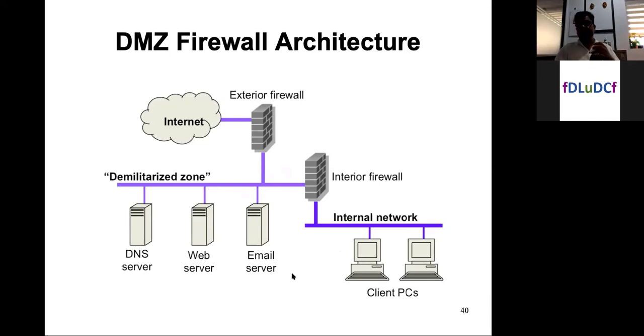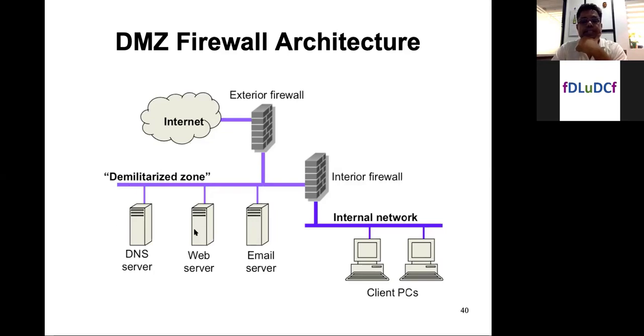However, servers like DNS servers, web servers, and email servers should be exposed to the outside. It cannot isolate them. So we have to relax the security, or the rules, a little bit in the firewall. If we do so, then other devices might also be exposed to the outside. Because of that, we create a special zone, which we call the demilitarized zone.